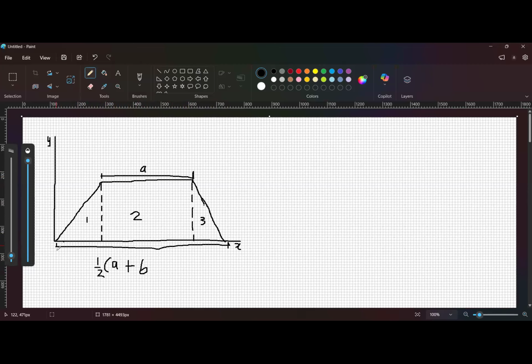So this would be my B. All right. And then all that would now be multiplied by H. Did you see that? Okay. But this isn't what we're doing. But it's similar. Not really.